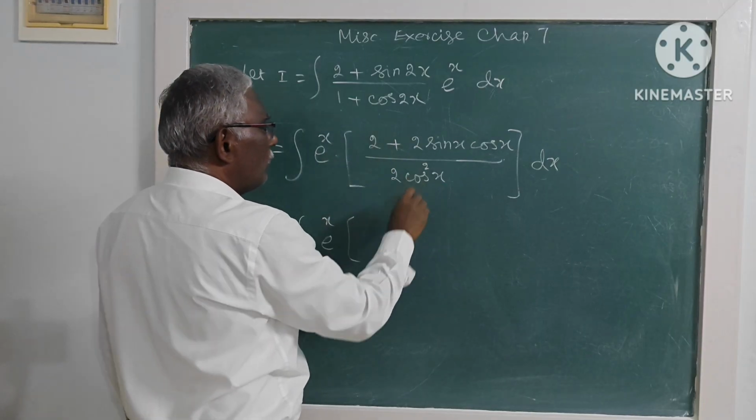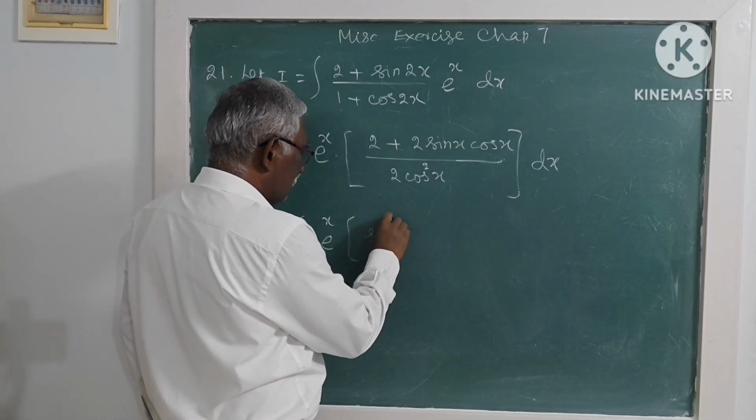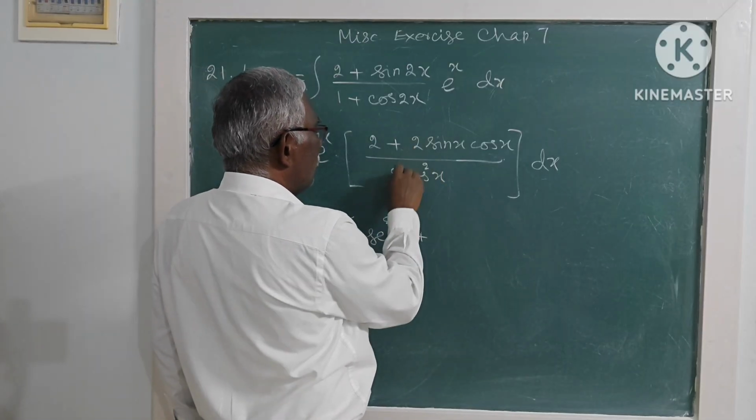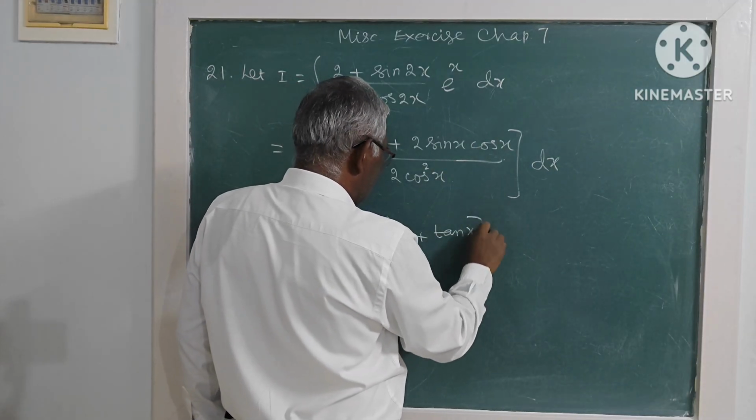So 2 by 2 cos square x is secant square x. 2 gets cancelled, sin x by cos x will become tan x dx.